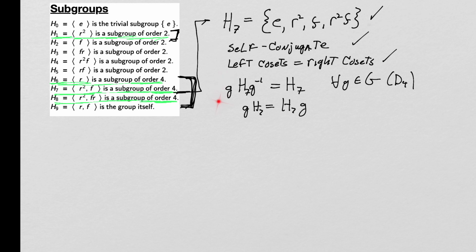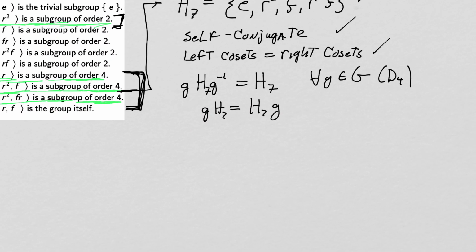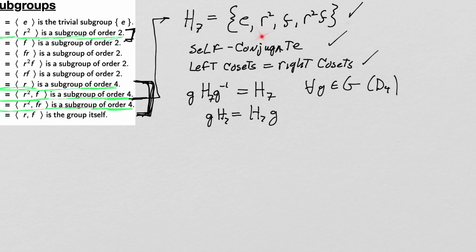So this is called conjugating H7 by G, and conjugation obviously implies that all of the left cosets of G equal the right cosets of G. So in case it isn't clear, the coset idea is I'm going to take the set H7 and multiply every element on the left by G in this case, using this example. And that will tell me the left coset of H7 by G, right? So if I were to do that, that's right.